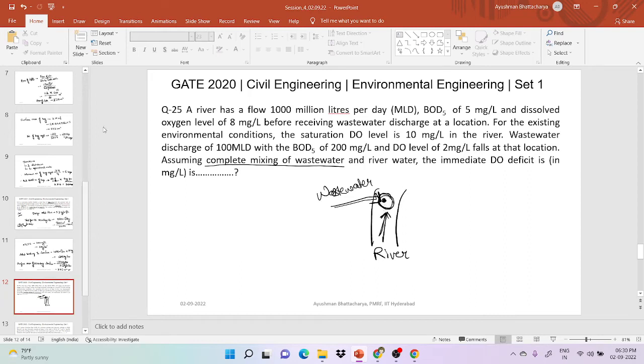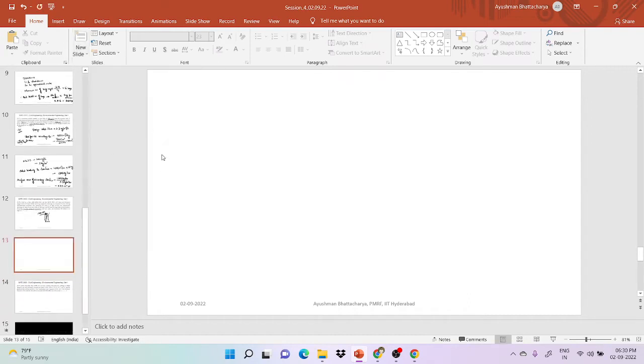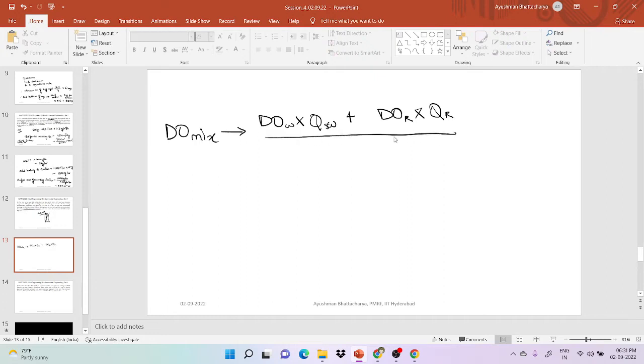To calculate the DO mix at that point, it will be DO of wastewater into flow rate of that wastewater, plus DO of the river into flow of the river, divided by flow of the wastewater plus flow of the river.